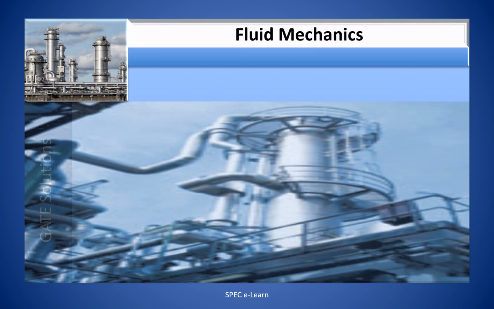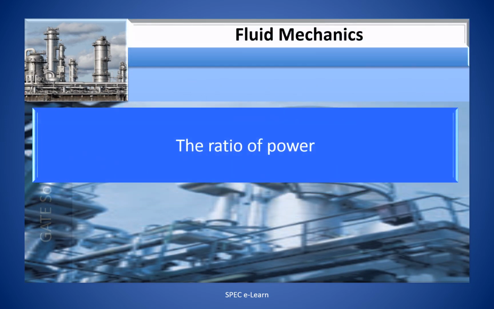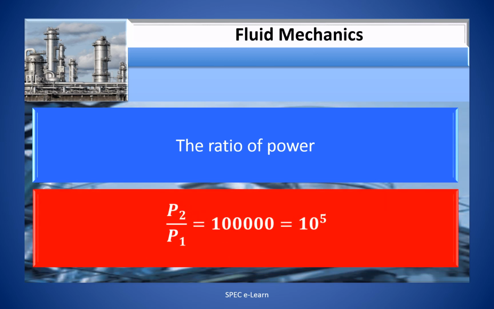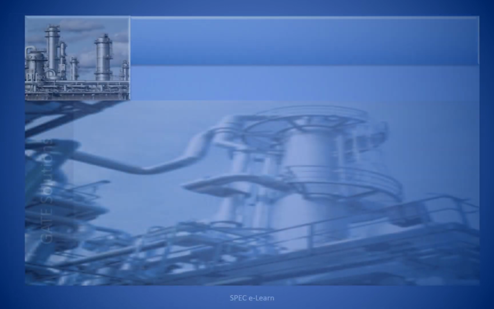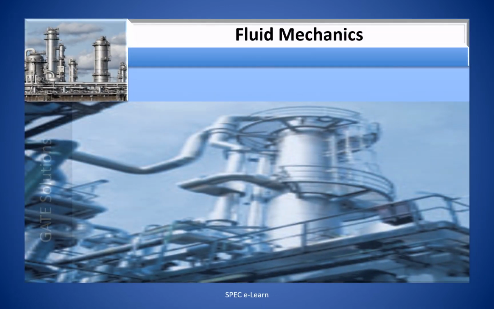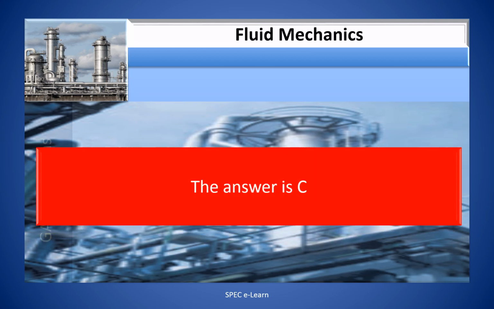The ratio of power P2 by P1 works out to 10 to the power 5. The answer to the problem is option C.